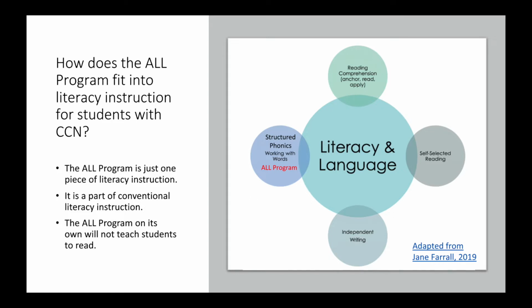But for now, let's take a look at the bubble diagram of conventional literacy. It includes reading comprehension, self-selected reading, independent writing, and structured phonics. You will notice that the ALL program, written in red, is within the bubble of structured phonics.